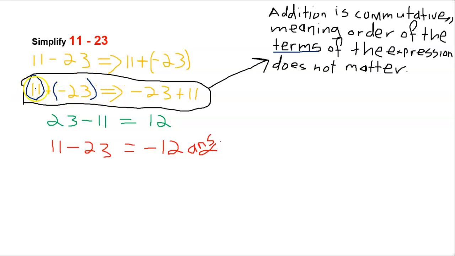So whether you put the 11 before the plus sign or after the plus sign, and the negative 23 after or before does not really matter when it comes to addition, because addition is commutative. That's why we could have said 11 plus negative 23 is the same as negative 23 plus 11.